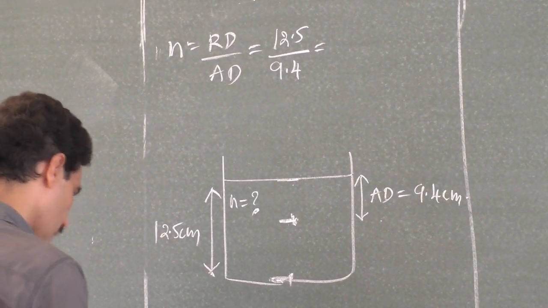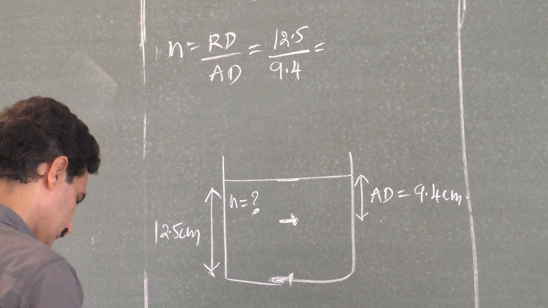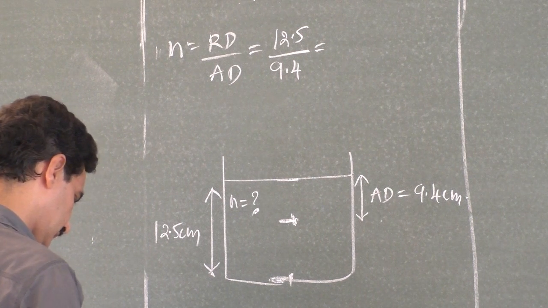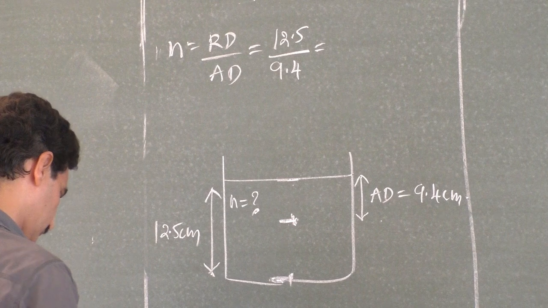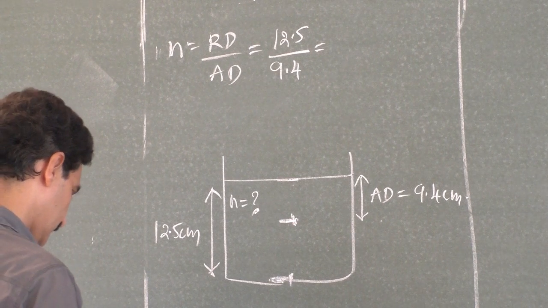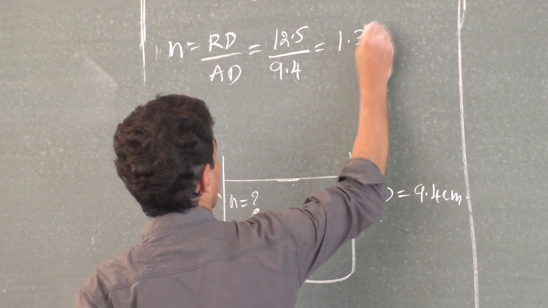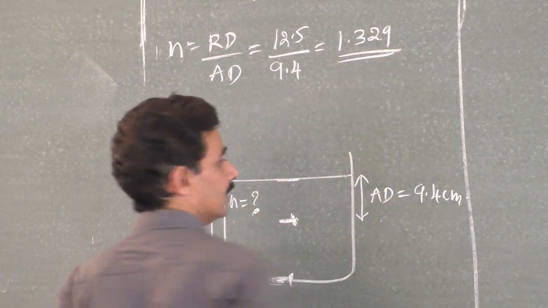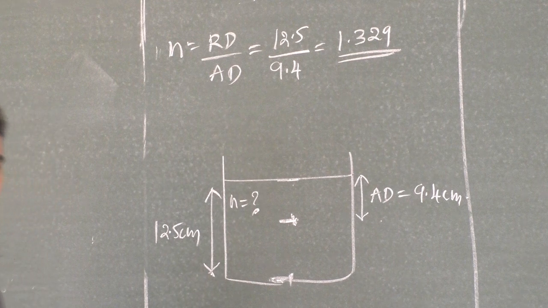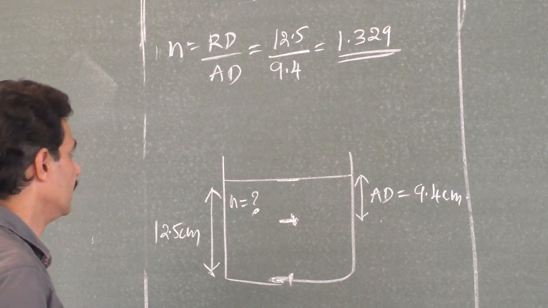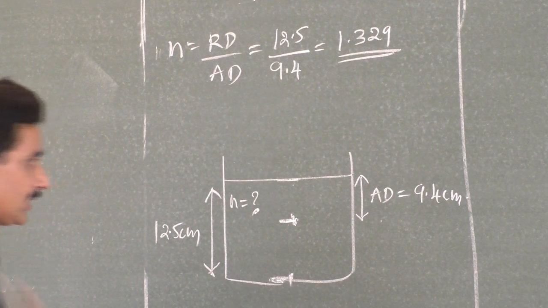So you calculate it yourself. 12.5 divided by 9.4. Answer is 1.329, that is 1.33 almost. There is no unit for refractive index because it is centimeter by centimeter, distance by distance, like sin i by sin r. That is the first part.